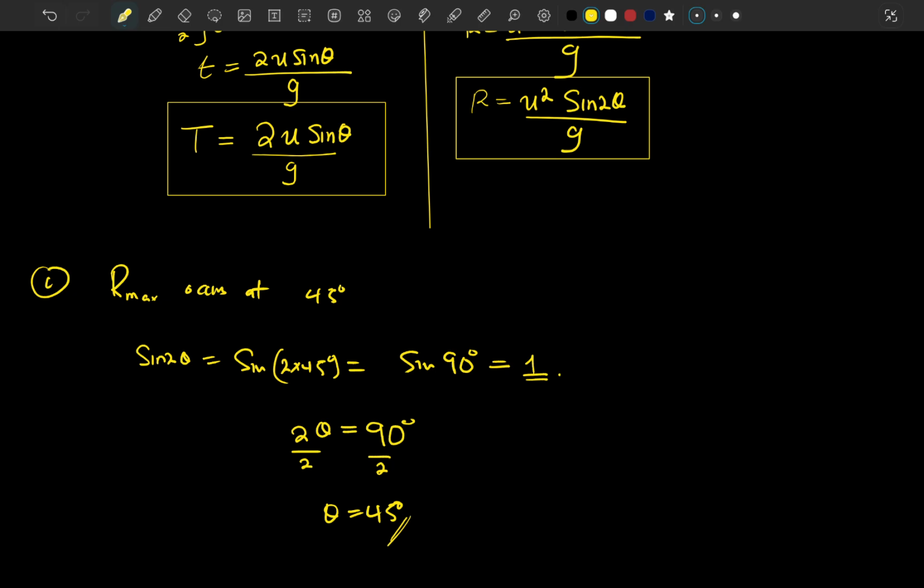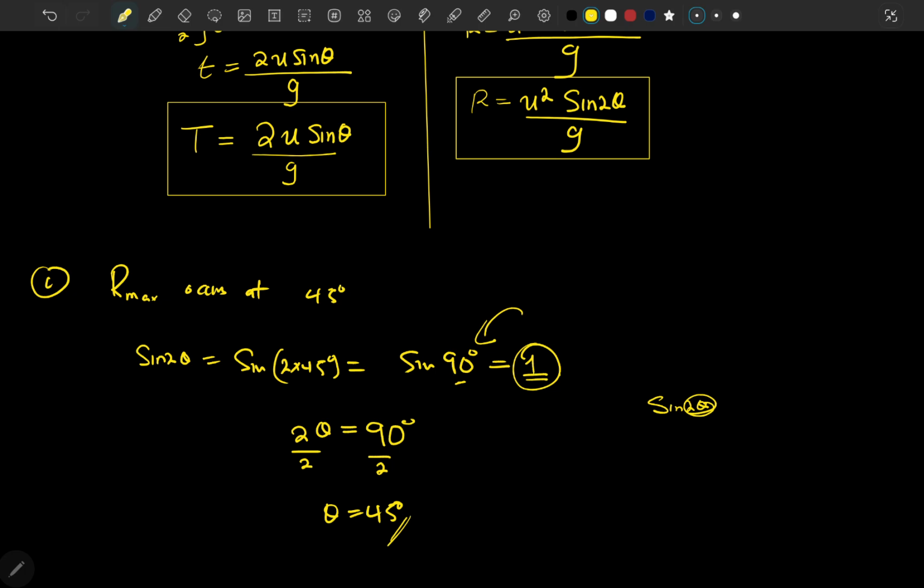That's the maximum value we can get for sine, right? So for sine 2 theta, just get the 2 theta and equate it to 90, and you'll be getting your 45, because you've already determined that's the maximum value you can get.